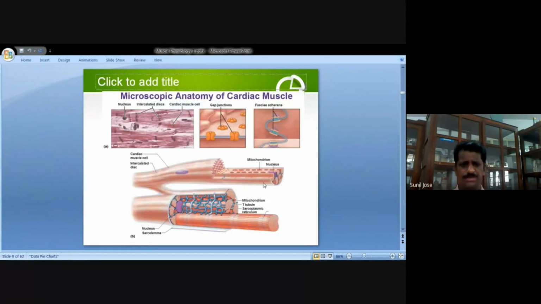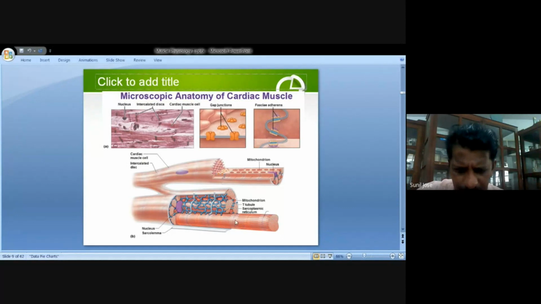Here also you can see a microscopic structure of a cardiac muscle. Here you can see the intercalated disc. They are showing the intercalated disc. Then the cytoplasm of the cardiac muscles is exhibited here. The striations are also visible between.